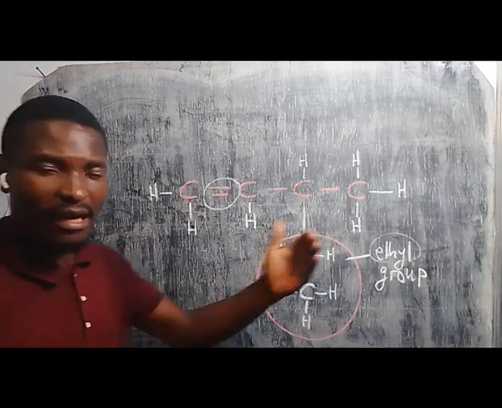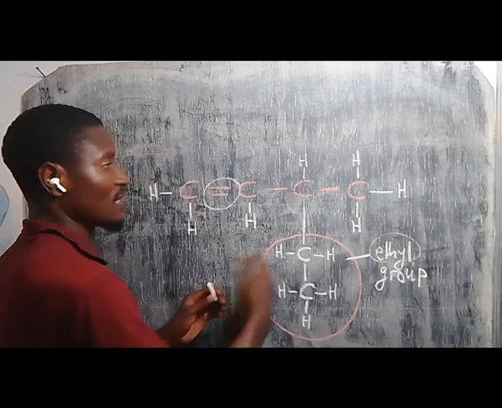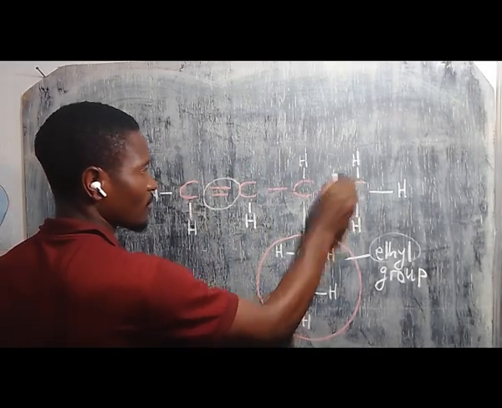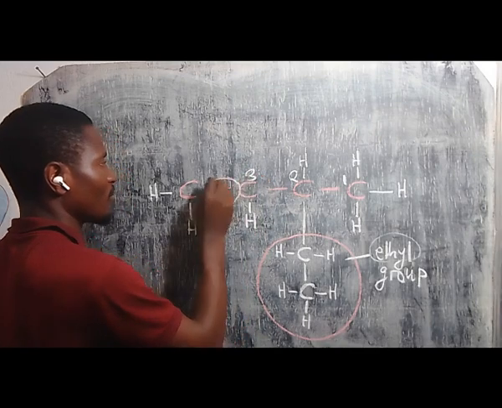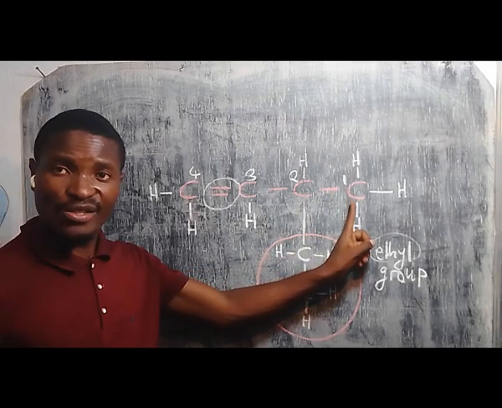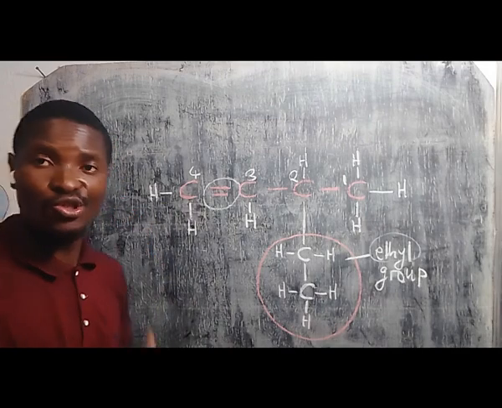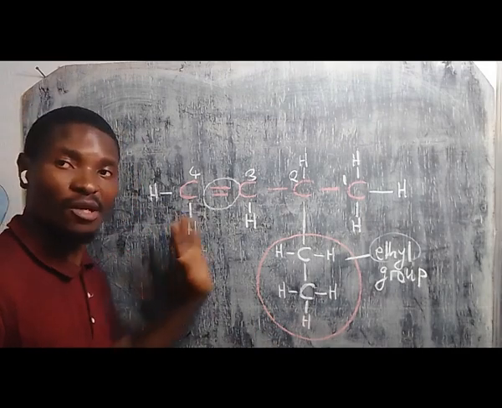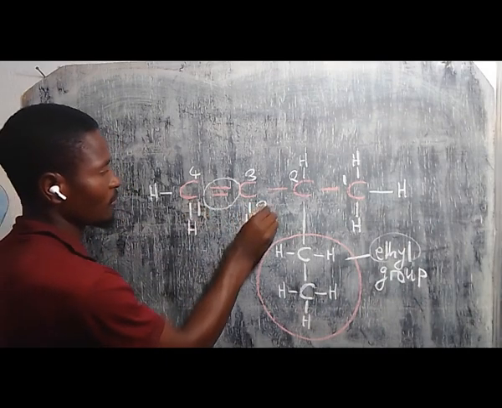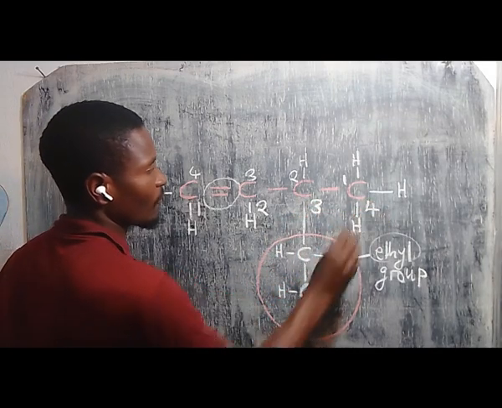Now the counting procedure is a two-way counting. If I start from right going to left, I would number it 1, 2, 3, 4. Once you number like that, you should also do the same moving from left going to right: 1, 2, 3, 4.